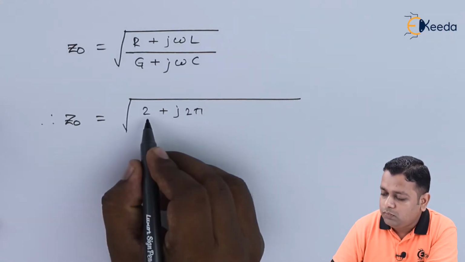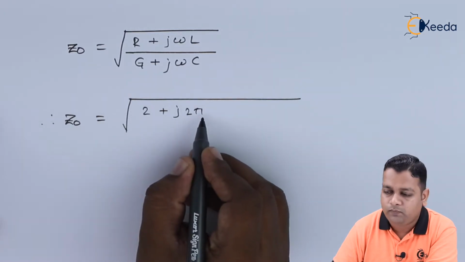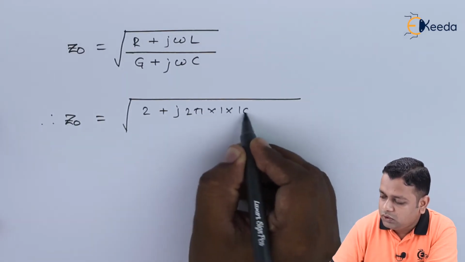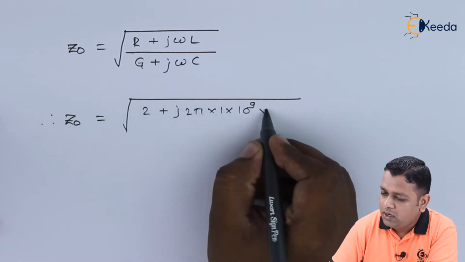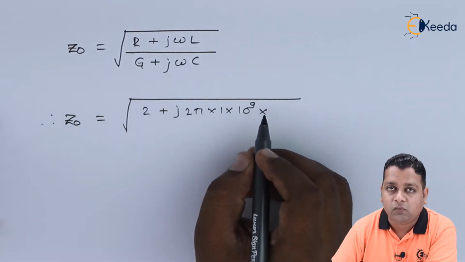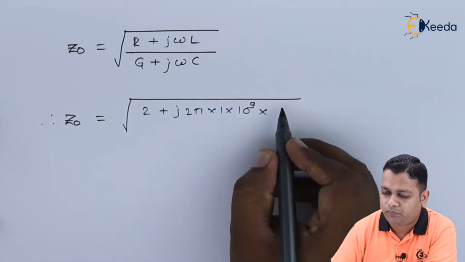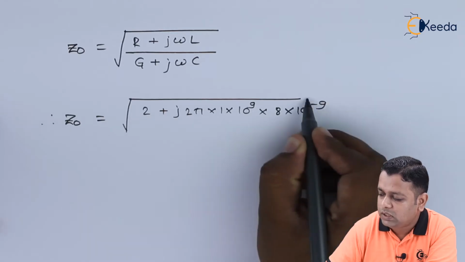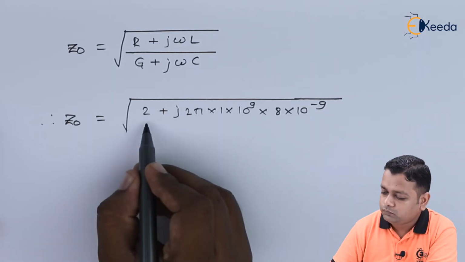Therefore, the second term is j into 2 pi into 1 into 10 raised to the power 9 for the gigahertz. The value of L is 8 nanohenry per meter, so we put 8 into 10 raised to the power minus 9 for the nano. So this is the numerator.